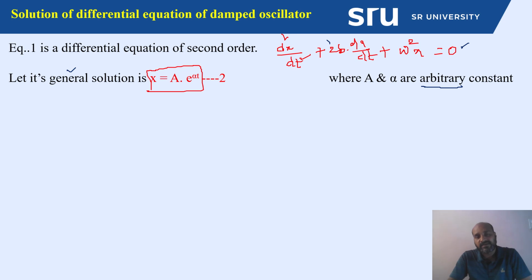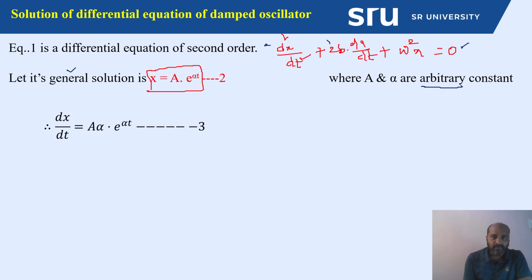Now we'll try to make this an exact solution by calculating the a and alpha values. If we are able to calculate these a and alpha values, the general solution is converted to an exact solution. In order to do that, we need to differentiate this equation two times because it is second order. If you take the first derivative, a is a constant, so a as it is, and the differentiation of e to the power of alpha t is e to the power of alpha t, and the differentiation of alpha t is alpha.